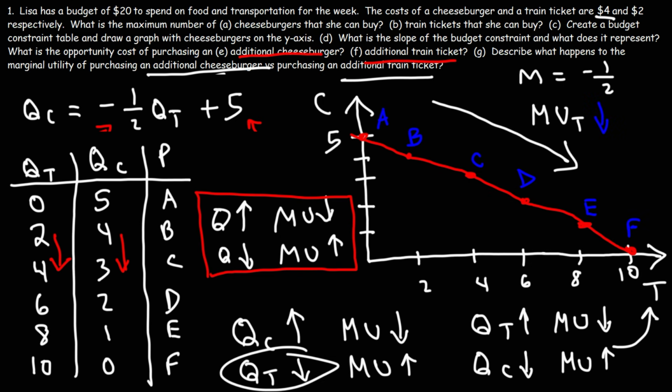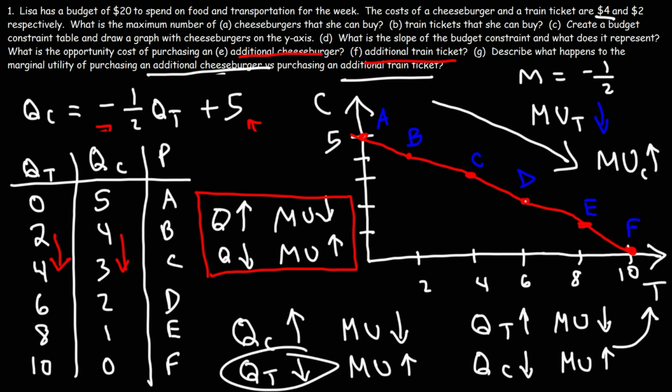However, as we travel from B to E, the number of cheeseburgers that are being purchased decreases. So the marginal utility of the cheeseburgers is going to go up. So you need to be able to answer the effect of marginal utility as you move in one direction of the graph or if you move to the other.